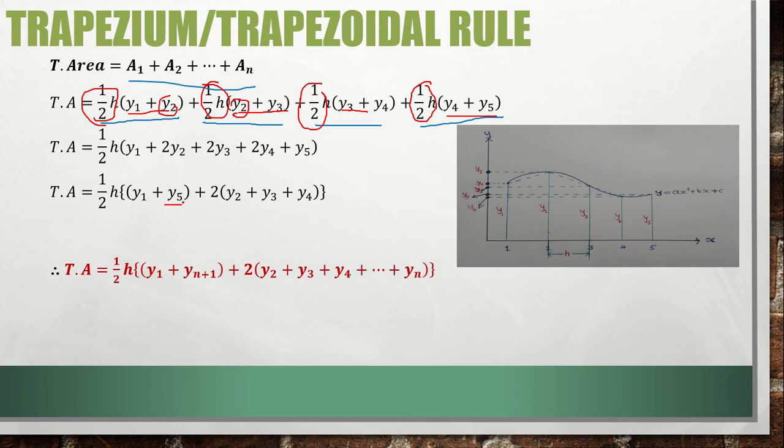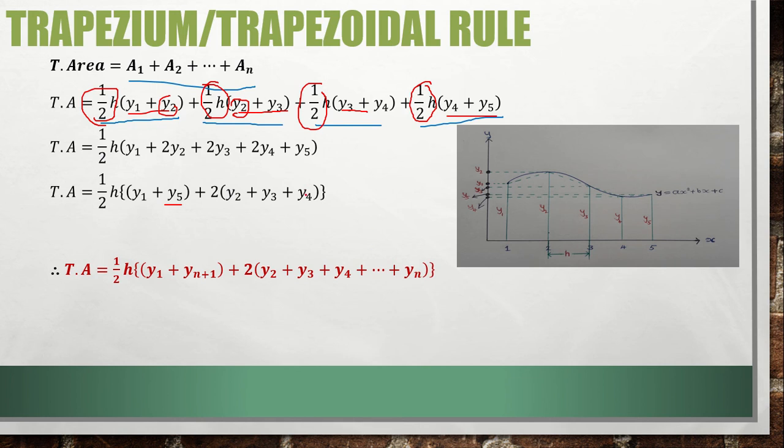So I'll simplify the equation to say that half h is equal to y1 plus yn plus 1, where n is the number of strips, plus 1 giving the total number of ordinates, plus 2 into brackets y2 plus y3 plus y4 plus any other ordinate, all of them summing up to yn.